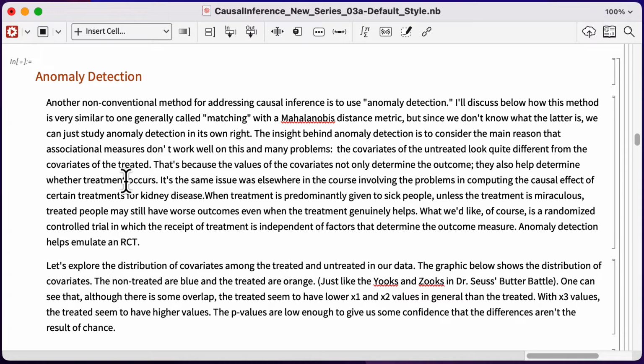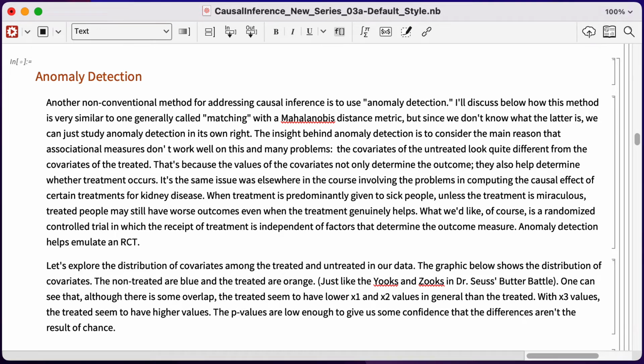The answer is those confounders, the features, which in this area tend to be called covariates, but it's the same thing. The covariates of the untreated group look a lot different from the covariates of the treated. And therefore, when we just compare the control group to the treatment group, we're not getting a good answer.